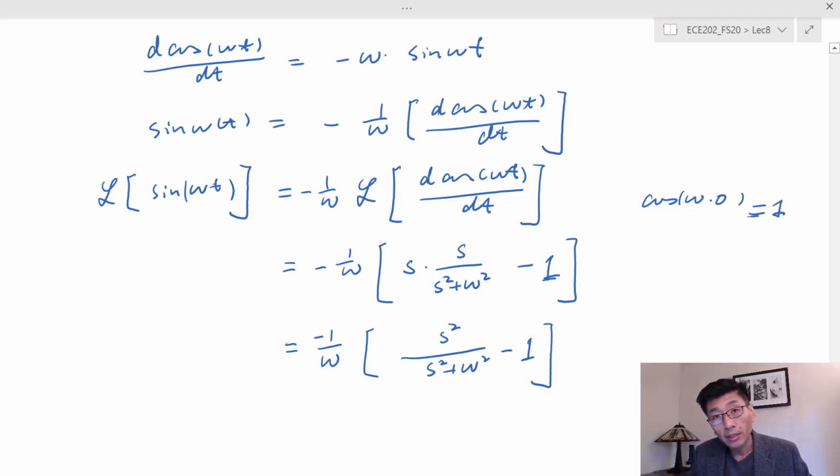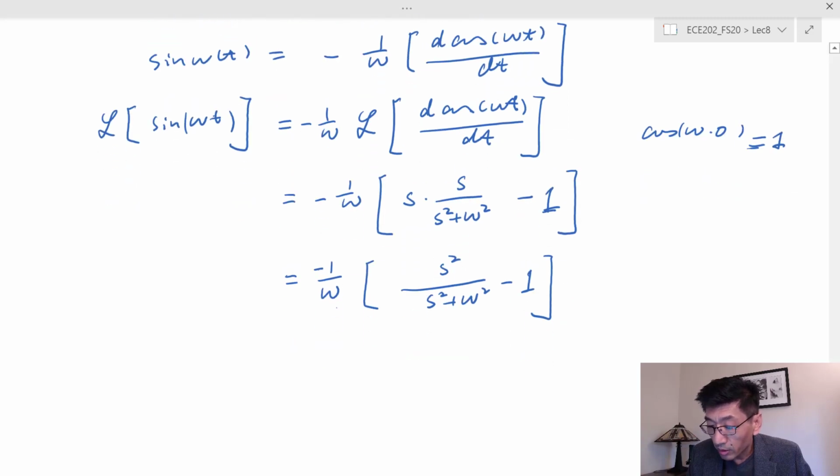So what's on the numerator inside the brackets? That should be negative omega squared, right? So negative omega squared divided by omega, I got a negative omega. I have a negative 1 outside this, so this will give me omega over s squared plus omega squared. You see this, the interesting part of the translation properties. They actually kind of talk to each other really nice.